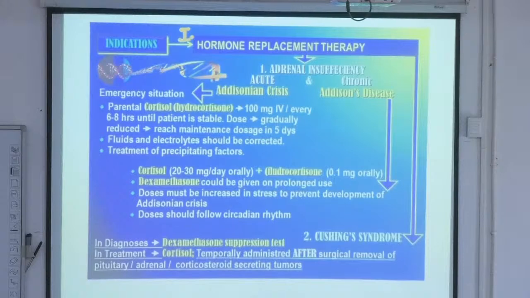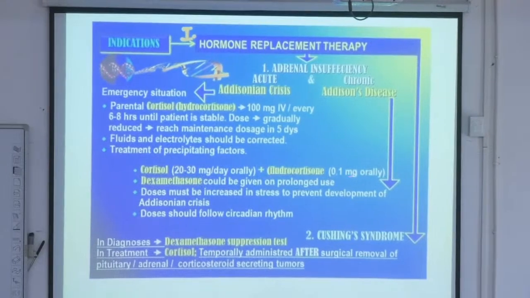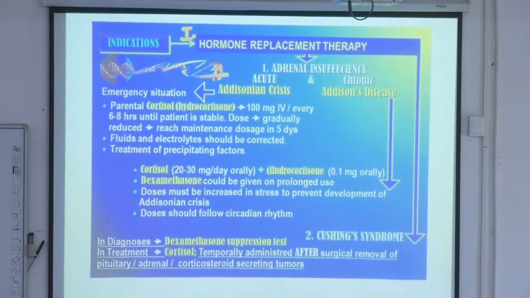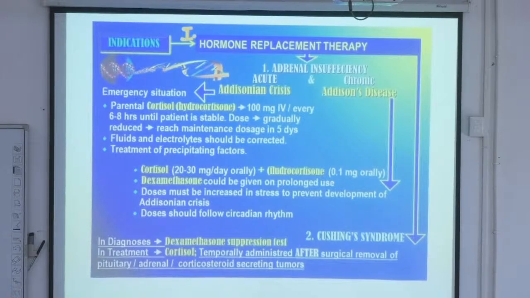Okay, then we give glucocorticoid from outside. যখন ক্রনিক হয় অ্যাডিশনস ডিজিজ, ডেইলি বেসিসে দেওয়া হয় ইন ফর্ম অফ ট্যাবলেট, কর্টিসল ট্যাবলেট অর প্রেডনিসোলোন ট্যাবলেট দেওয়া হয়, and we also give a mineralocorticoid along with it, fludrocortisone.